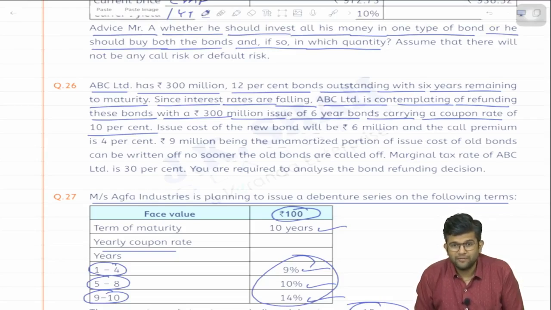But what if Y is less than X? Then you should not replace, continue with Bhavani's bond. But then a question will come in your head. How can Y be less than X, sir? X only will be less than Y because Mahalakshmi is charging you only 10% cash outflow.